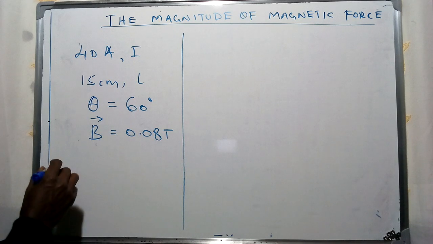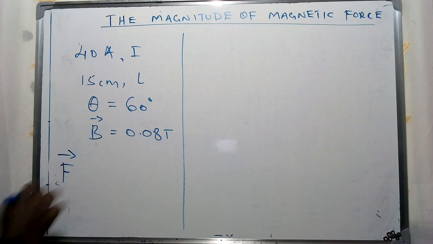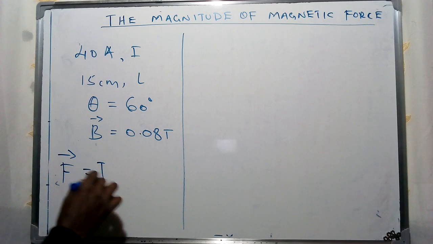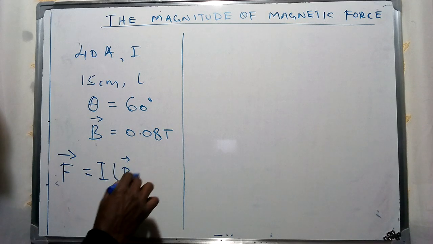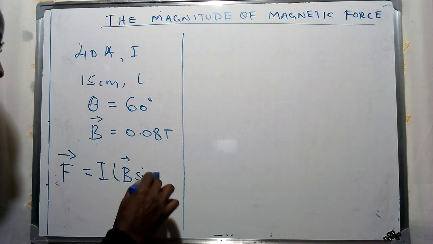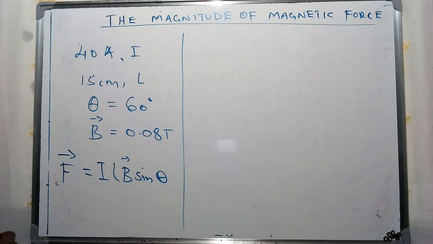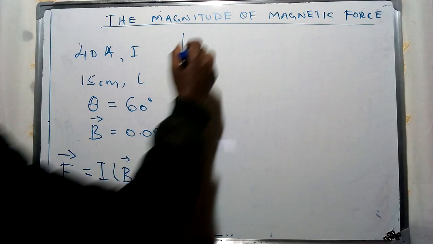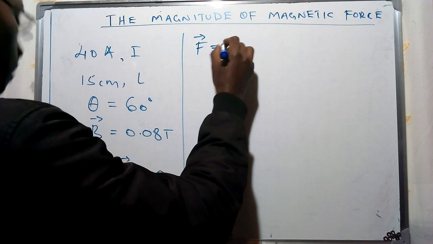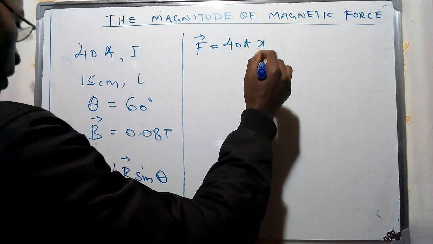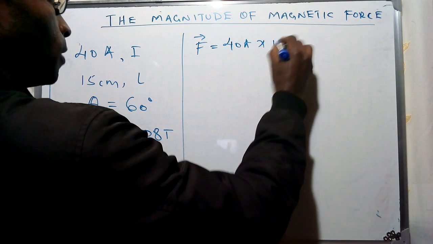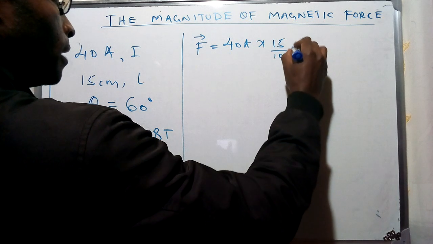So we're going to use our formula for finding the magnitude of the force, which is equivalent to the product of the current, the length of the wire, the magnetic field, and the sine of the angle between them, or the sine of the angle of interaction. The force is equivalent to the current, which is 40 amperes, and then the length, which is 15 over 100 in terms of meters.